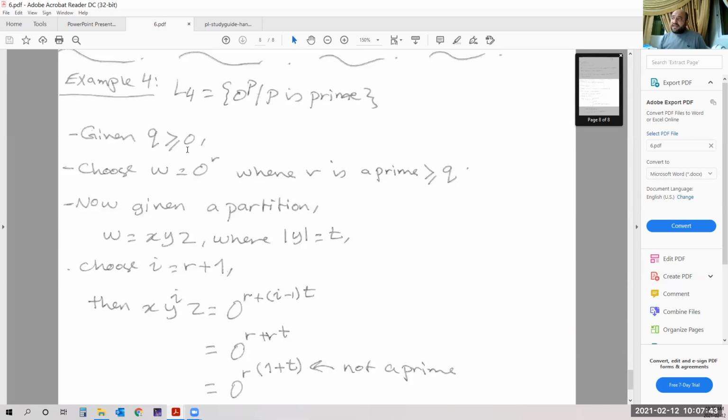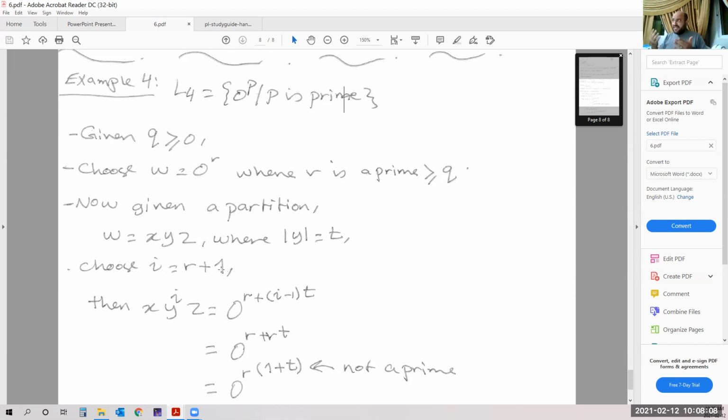So given a q greater than or equal to 0 as a pumping length, use w equal to 0 to the power r, where r is a prime which is greater than or equal to q. Now given a partition w = xyz, where the length of y equals t, choose i equal to r plus 1. So here we keep i unknown. We can use this also.